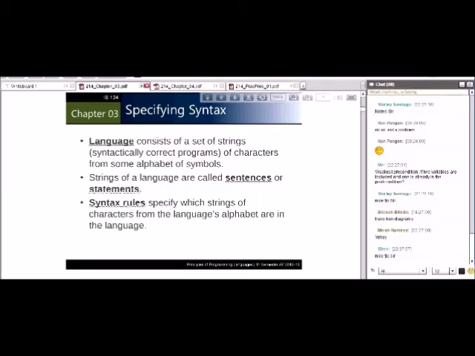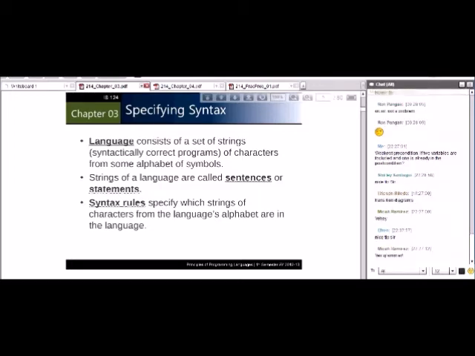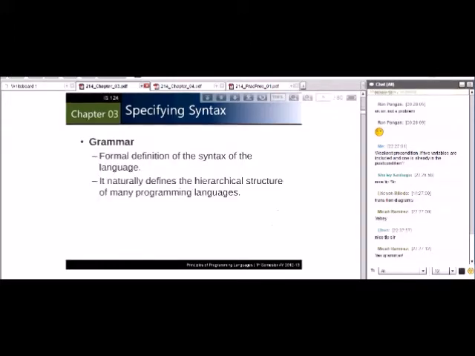So, sige, let's continue. Punta muna sa grammar. So, I want to see who among you are having a hard time dealing with grammar. Alam mo kasi, importante itong grammar. Because a grammar here, in our slides, it is a formal definition of syntax of the language.